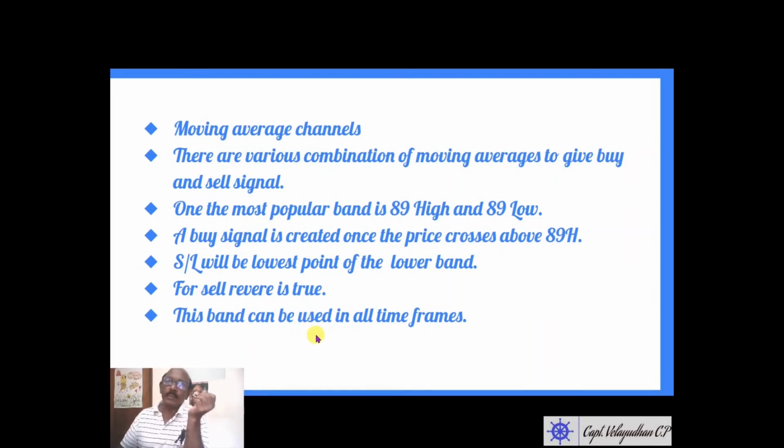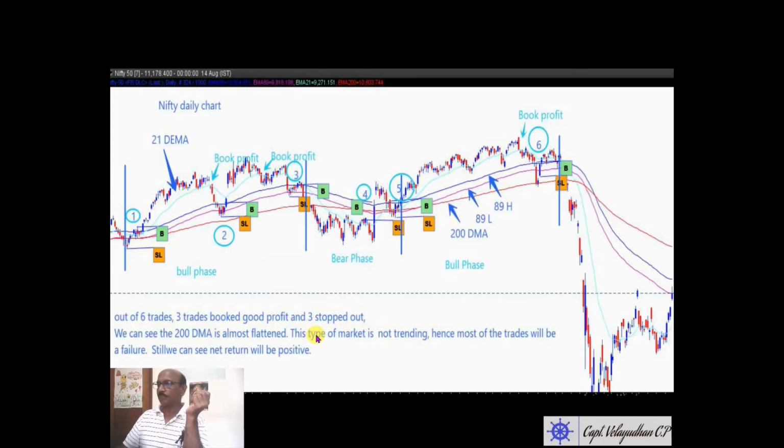This indicator itself is a buy and sell indicator. I'll explain that one here. It's a daily chart of Nifty. I put the 89 moving average, the high and the 89 low. These are two periods. This blue is the 89 high. This red is the 89 low.